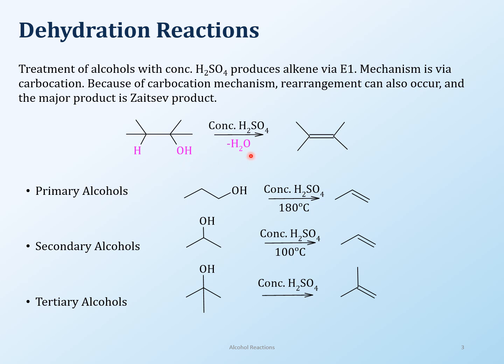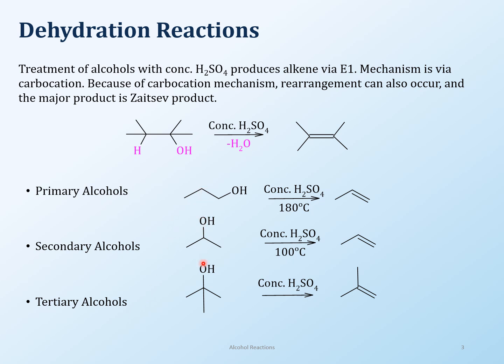So in any case, this is the kind of alkene you get for the elimination of this alcohol group. Here, this is via the E1 mechanism, and that's something we need to talk about just a little bit. Here I've given you some dehydration reactions of primary, secondary, and tertiary alcohols, because we have three kinds of alcohols.